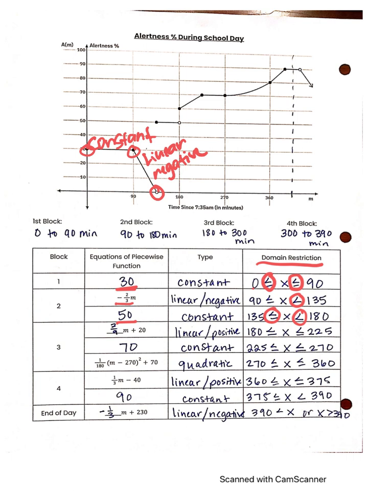The next section, once we're in third block, the alertness is increasing. We said that was a linear positive. So since it's linear, we need a slope, and it's going up 2 and over 9, slope of 2/9. So our final equation for that piece of the piecewise function is 2/9 m plus 20.